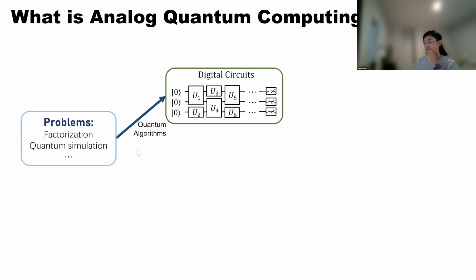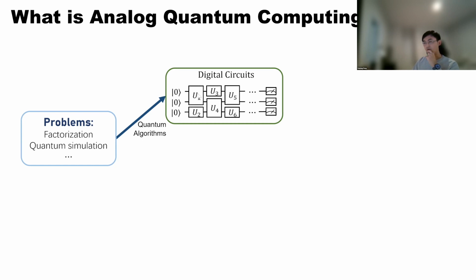Many theorists have developed quantum algorithms to solve these kinds of problems. And the algorithms are always described by digital quantum circuits in a form like this, where you have several qubits and several wires attached to the qubits.